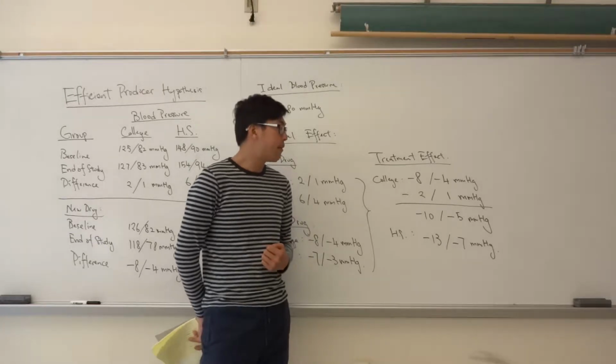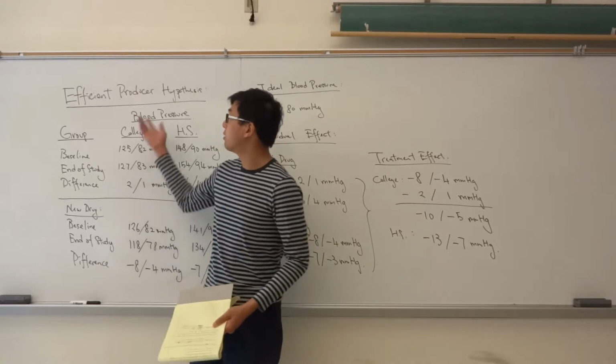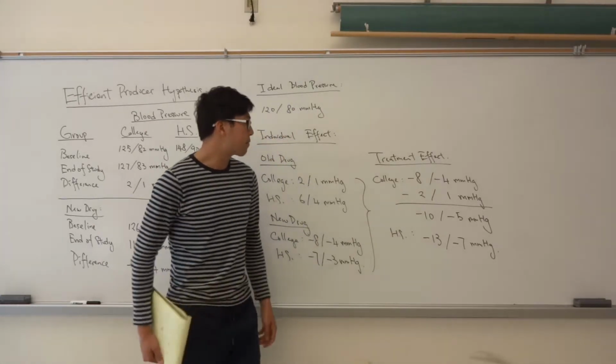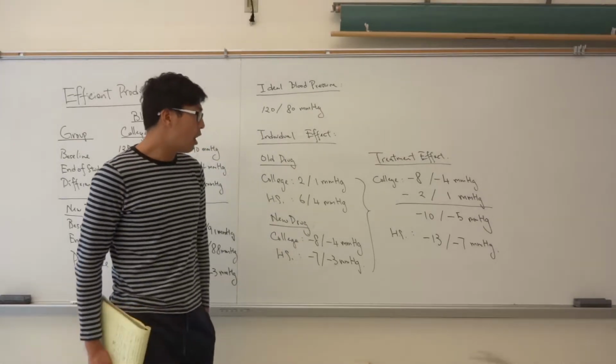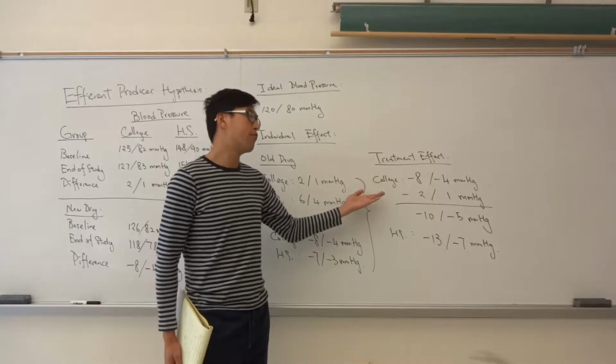So this has a very, very important illustration of how the efficient producer hypothesis explains the reality here. So obviously, college graduates are better health producers.